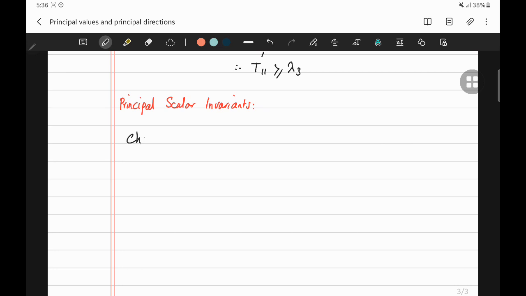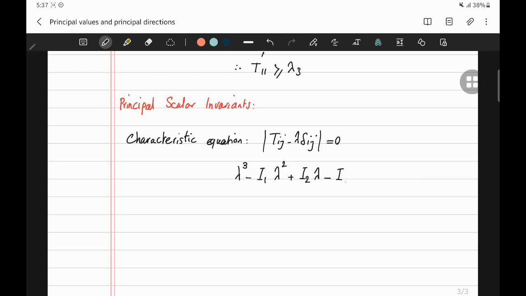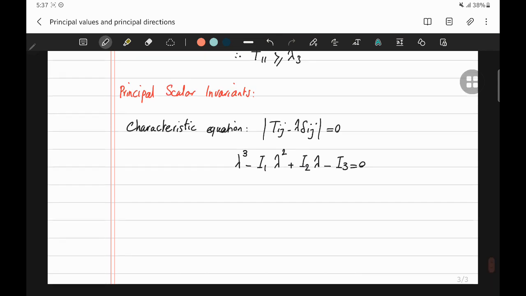We can write that the characteristic equation here was the determinant of Tij minus lambda delta ij is equal to 0. And if you write this, you will get something like lambda cubed minus I1 lambda squared plus I2 lambda minus I3 is equal to 0.